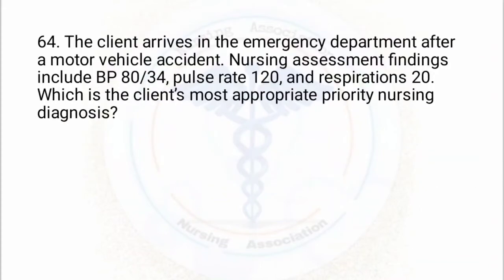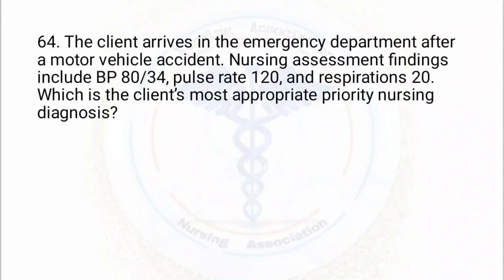Moving on further, 64. The client arrives in the emergency department after a motor vehicle accident. Nursing assessment findings include blood pressure of 80 by 30 mm Hg, pulse rate of 120 per minute, and respiration of 20 breaths per minute.